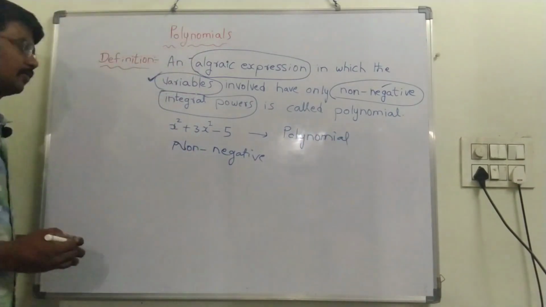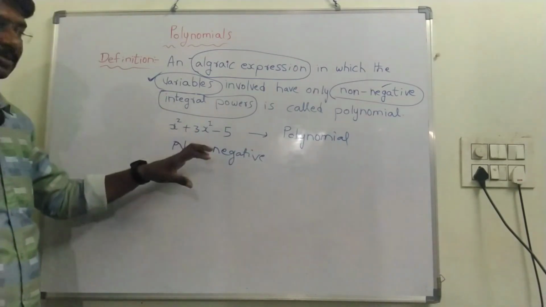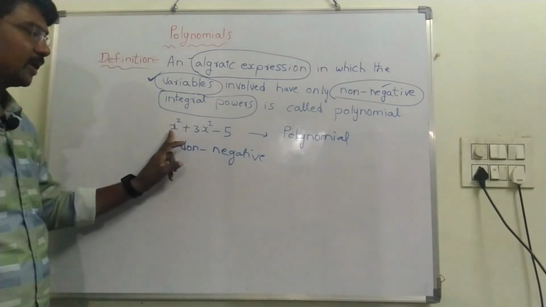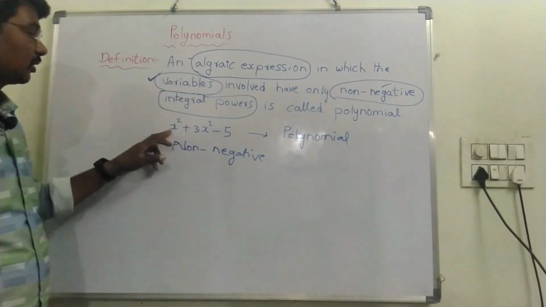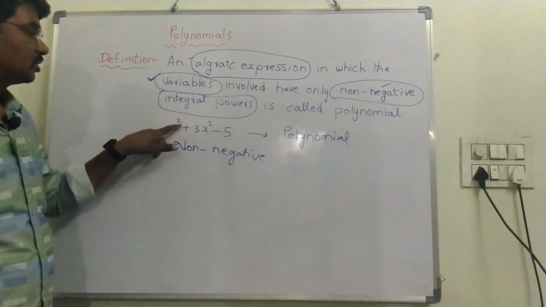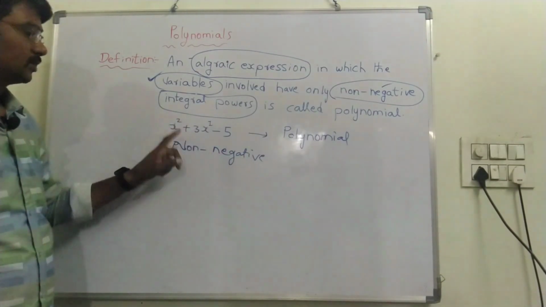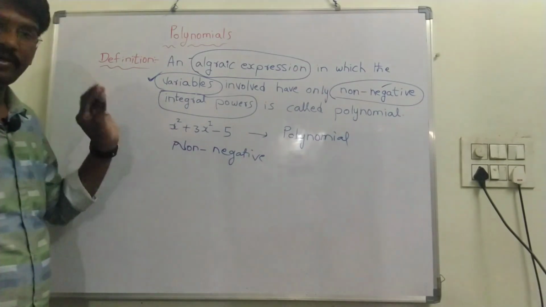Why? One algebraic expression is here. In this algebraic expression, variable x is there. We observed the power of x, the power of the variable. Positive numbers are there in the place of the power of the variable.